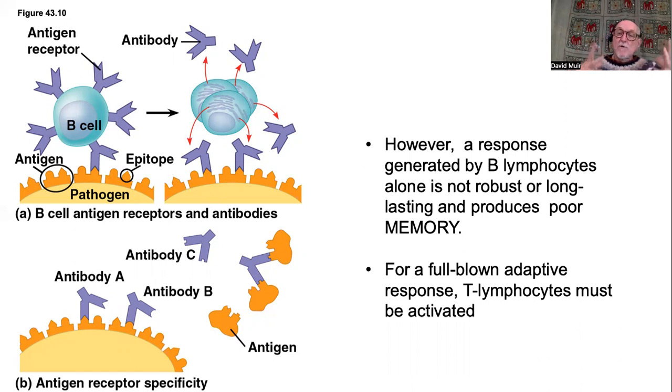But there are now thousands and thousands of identical B cells, plasma cells, all producing antibody to this specific epitope, that one there. They don't produce to this one. You need another B cell to do that. They only produce against this epitope there.